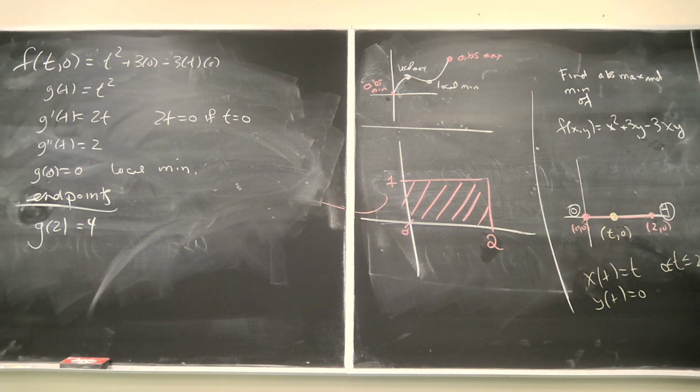If you want to think graphically about what's happening, the function is actually a parabola. The picture of f sitting over this curve is a parabola starting at 0 and then coming out of the board at you. So this point right here would be at the point 2, 4. It's hard to draw, but that's kind of what's happening. Whatever surface this thing is producing, you're checking what happened at the edge of the surface.